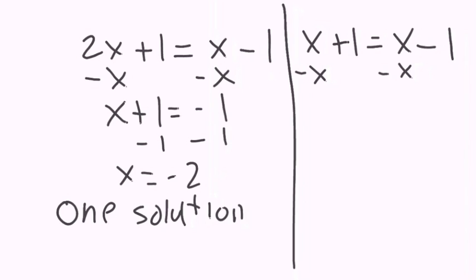That becomes a problem for us, because those x's will then be eliminated, and we'll be left with 1 equals negative 1. And we should all know by now that 1 does not equal negative 1. So when you end up with variables being eliminated, and the numbers that are left are not equal, we say this is no solution.